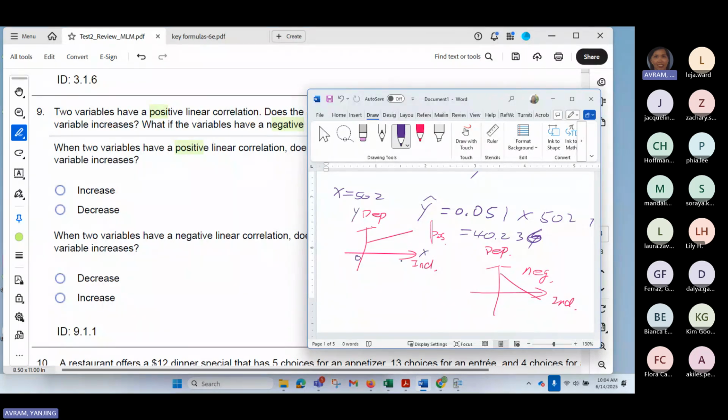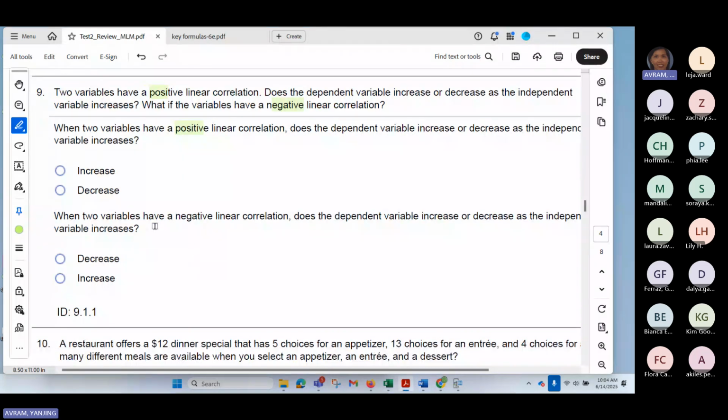We usually don't call them x and y, we call them dependent and independent, but you know the independent is x. So when the independent increases from left to right, the dependent should also increase for the positive one. And if it's negative, the dependent is decreasing. So that is this kind of relationship in here.